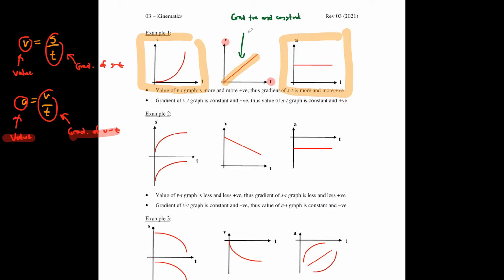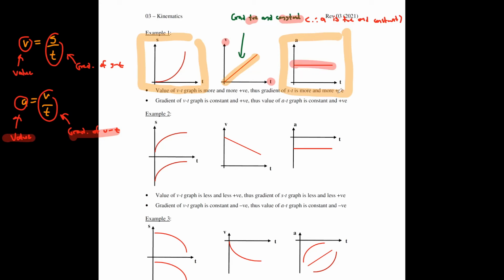Right now, you see that the gradient of your VT graph is positive and constant. So what this will tell you is, therefore, a is positive and constant. Therefore, your shape of the graph is this.